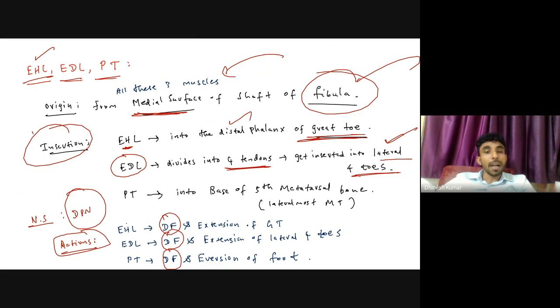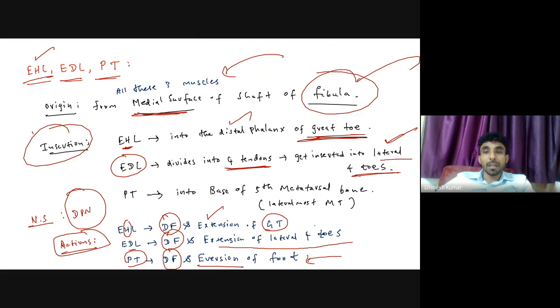What will be the specific action for extensor hallucis longus? It causes extension of great toe. Digitorum longus causes extension of lateral four toes. And the peroneus tertius is located laterally, isn't it? So it causes eversion of foot. Tibialis anterior causes inversion. Peroneus tertius causes eversion of foot.